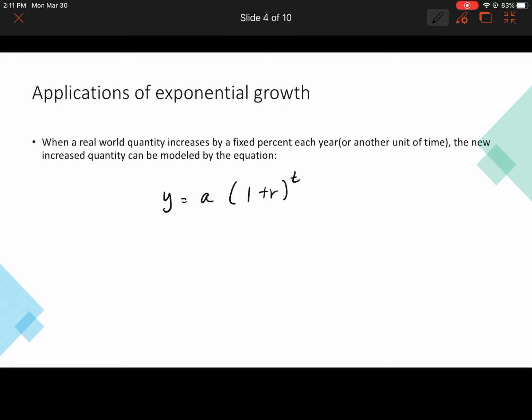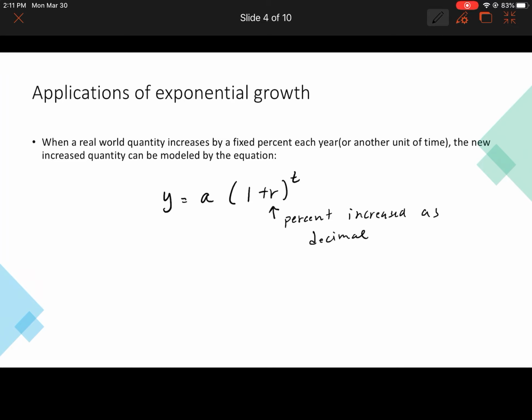This r right here is actually going to be the percent increase as a decimal. And then t is going to be the amount of time, or whatever unit of time that you wanted it to happen.